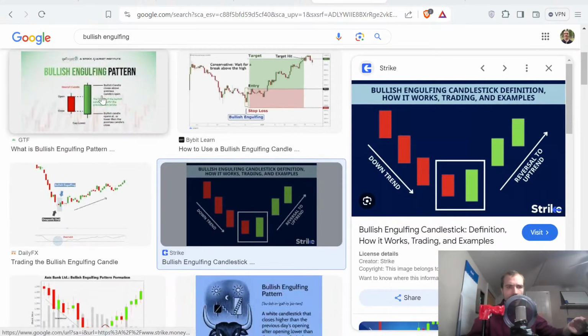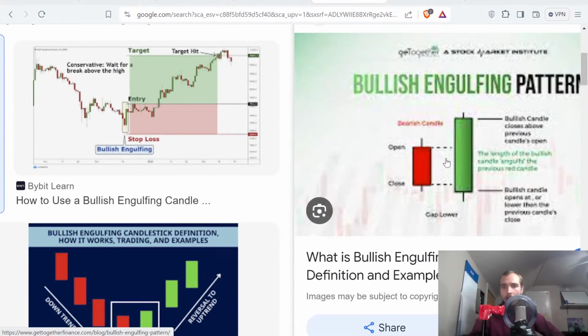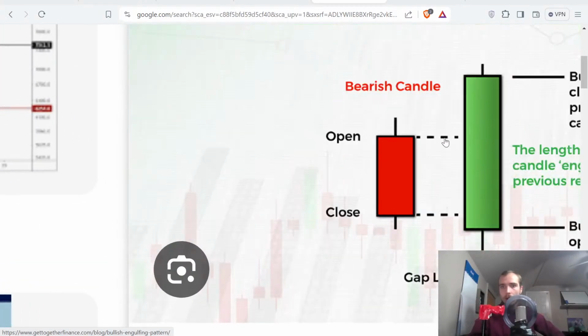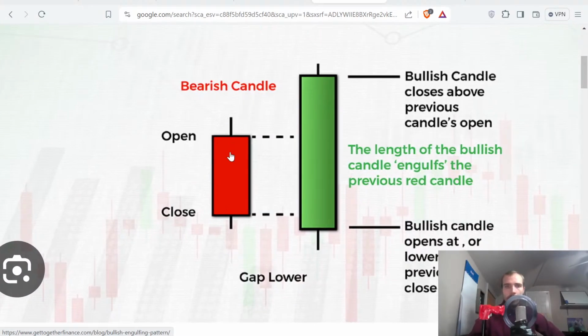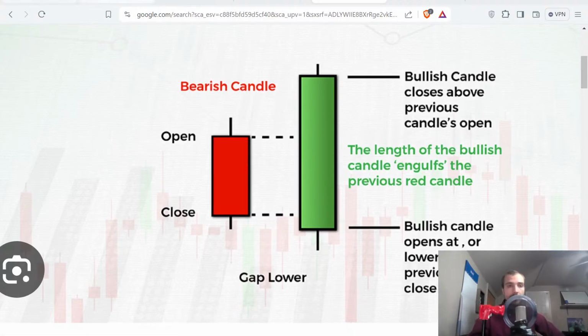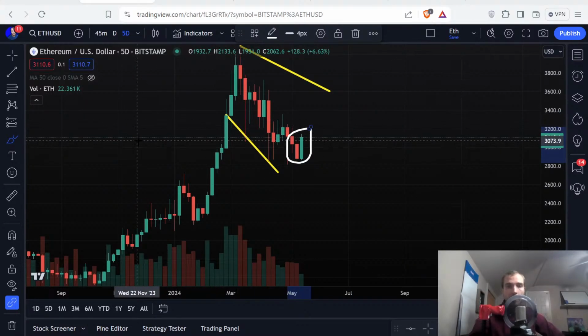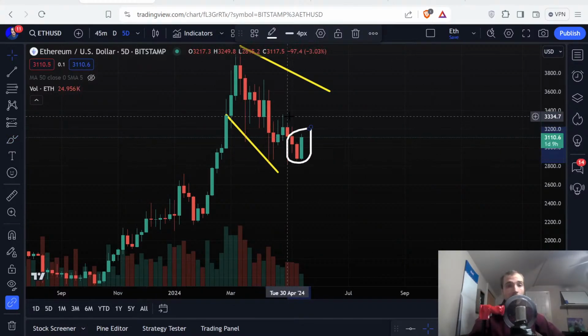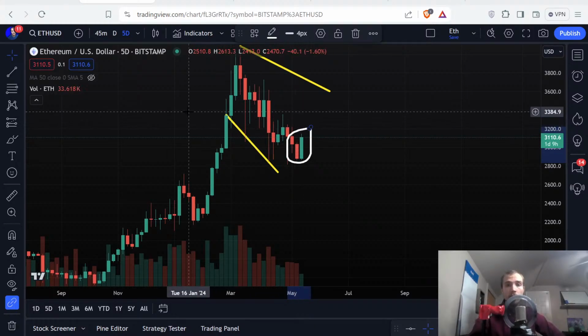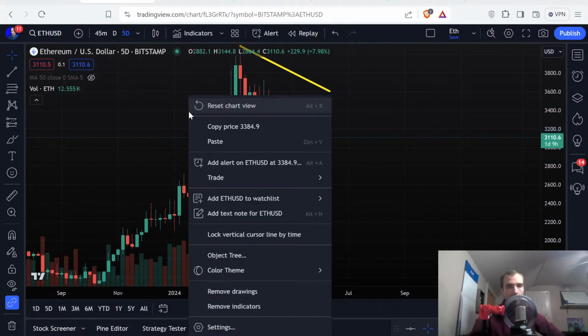Let's see here, this is probably even a better example of what it looks like here. You've got a red candle, then the green one comes in and it's bigger, so the length of it engulfs the previous candle, which is exactly what we see here with Ethereum. So we have a bullish engulfing candlestick, and that's a very, very common bullish reversal pattern.